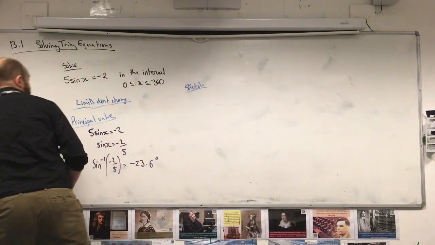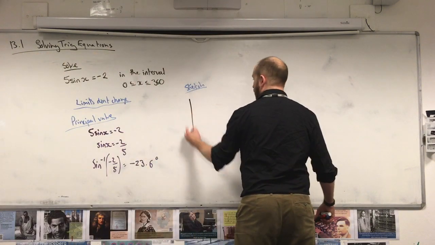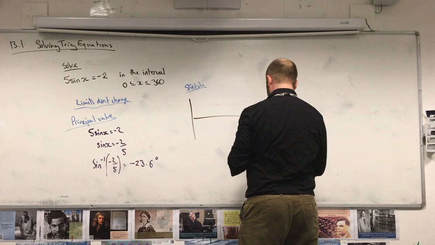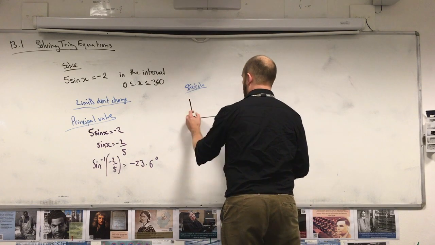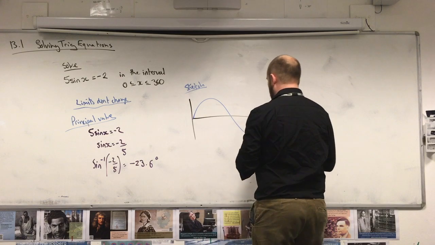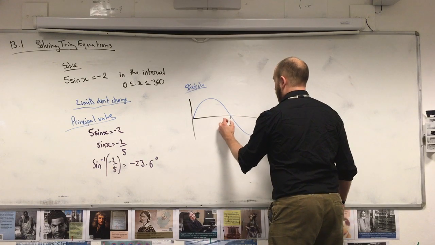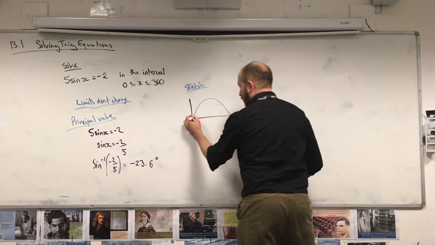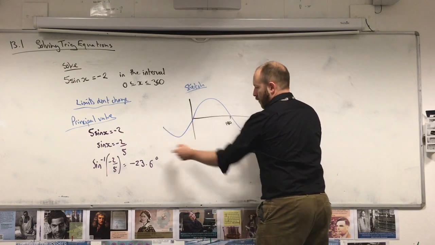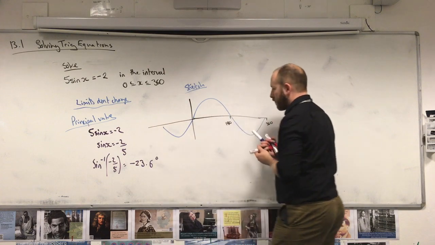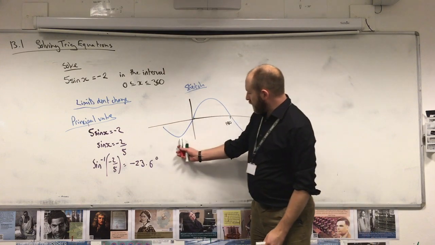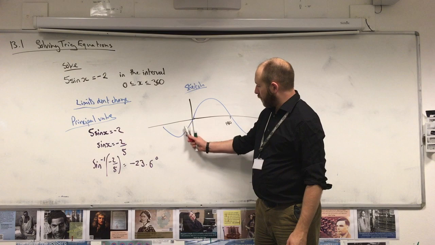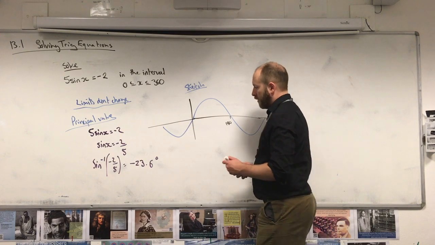So we've got a sine graph from 0 to 360. So there's sine. And we want to sketch a bit more just so we know what's going on with this minus value. So again, 90, minus 90 is about here, so minus 23 is somewhere here.